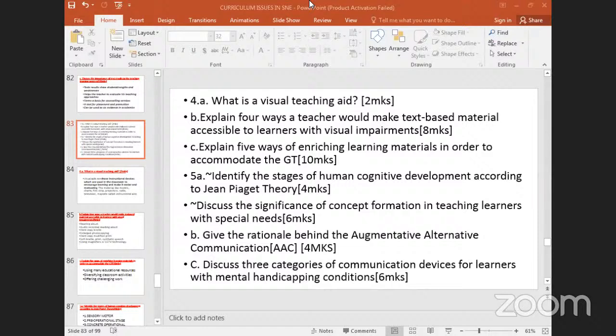It is a concept that tries to explain why something is done in a given way. So what is the rationale behind the AAC, augmentative alternative communication?